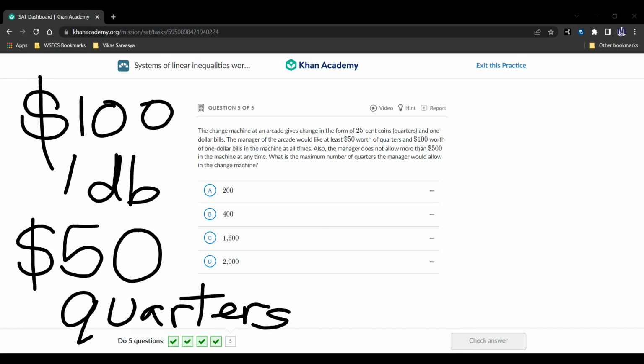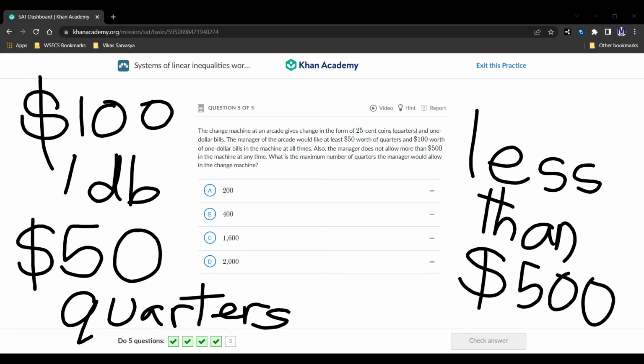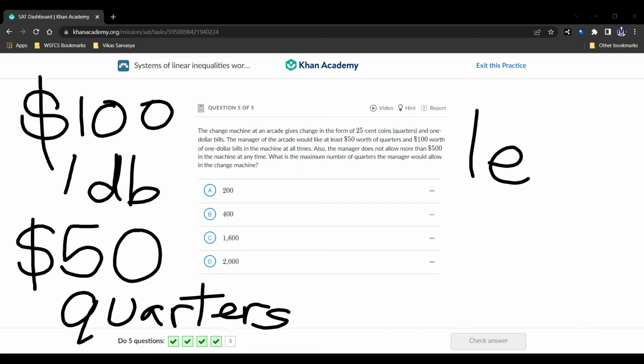And then we have to have less than $500. Less than $500. All right, or less than or equal to $500. So we can just write the money has to be less than or equal to $500.